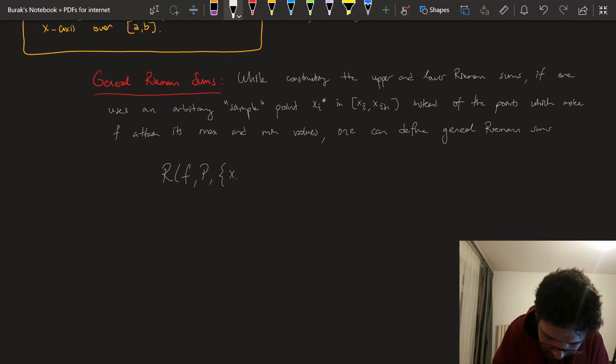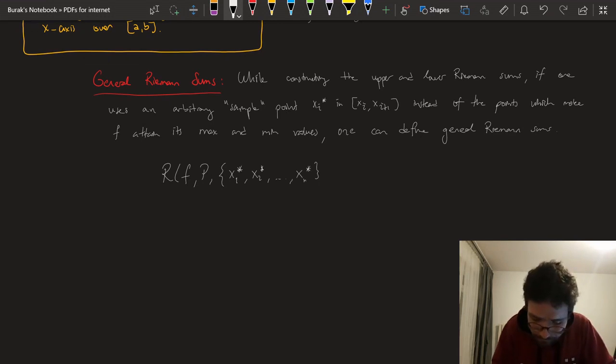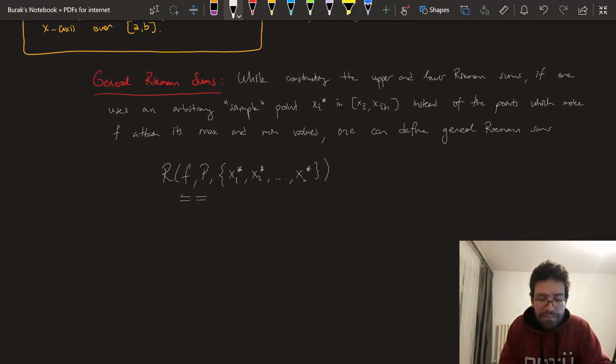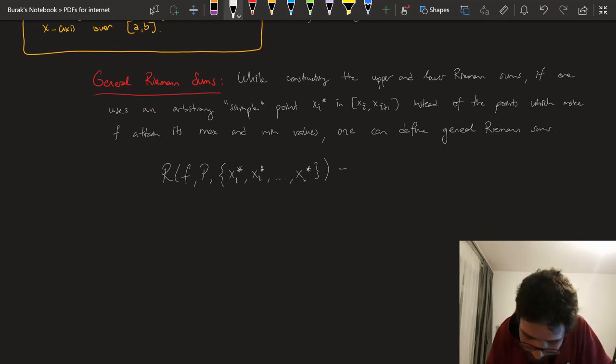So I'm going to denote them like this. Riemann sum of f with respect to partition P with sample points x1 star, x2 star, dot, dot, dot, is, you're going to do the exact same thing, okay?